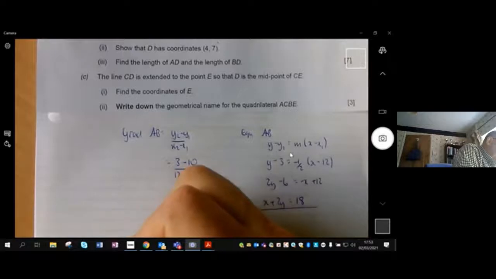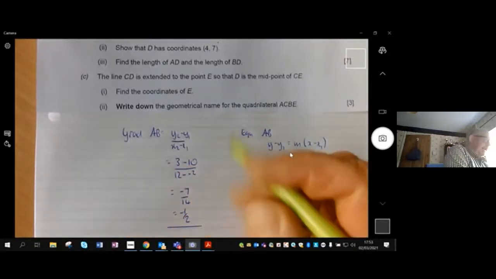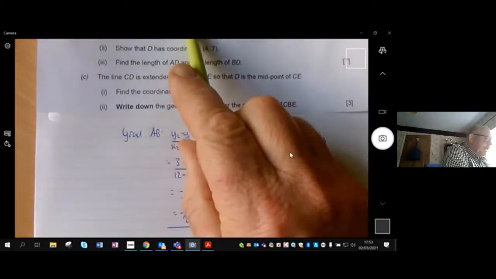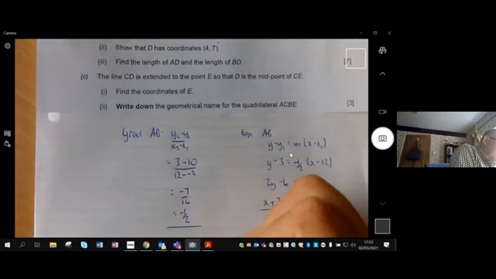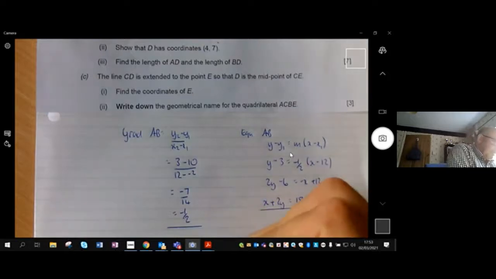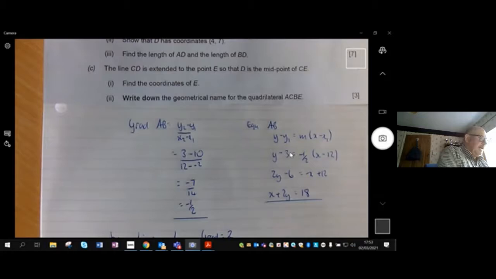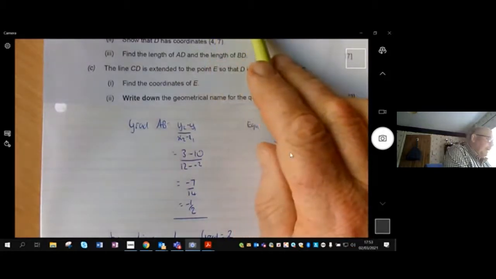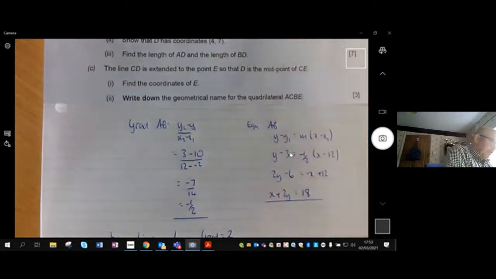So let's look at part B, line L. It's perpendicular to AB, so its gradient is the negative reciprocal of AB. It's right angles to it, so its gradient is 2, right? And it intersects the y-axis at the point (0, -1).